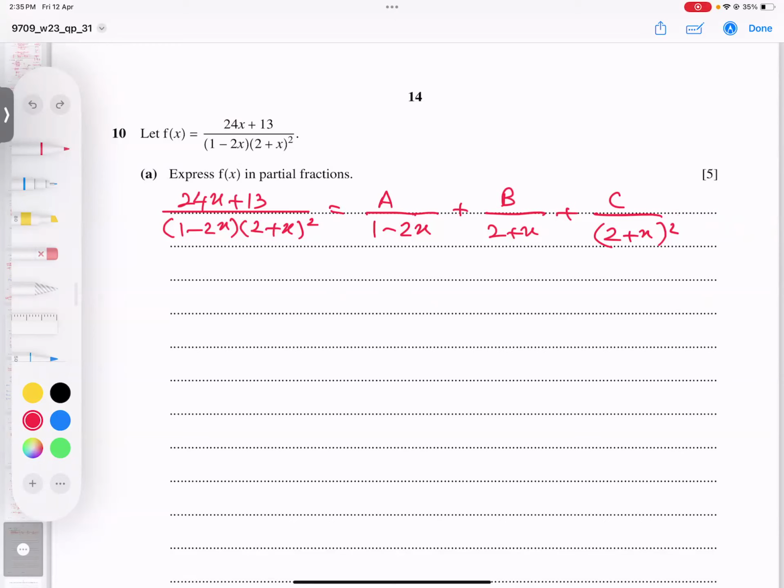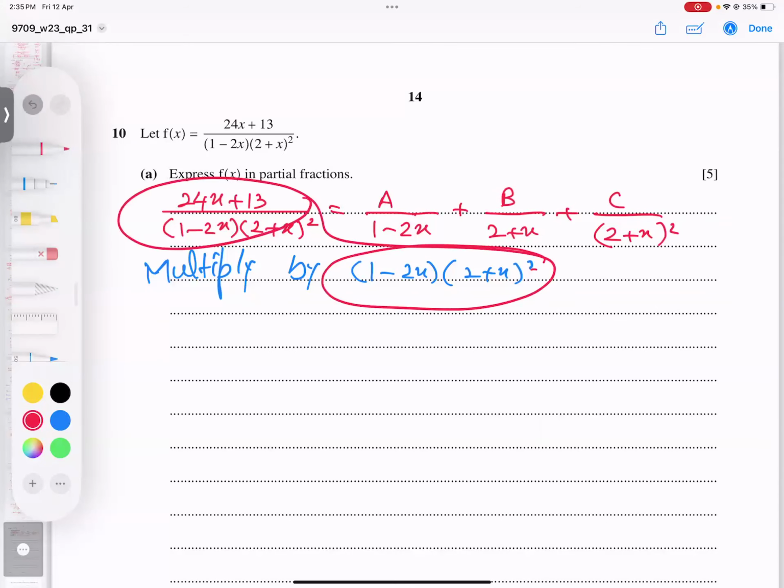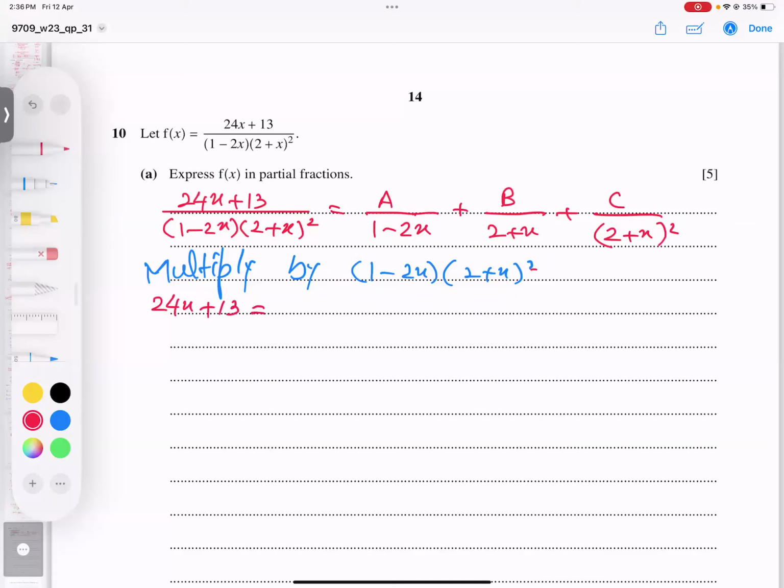Now students, multiply both sides by the left-hand side denominator. When I multiply this with the whole thing, this will cancel fully, and I'll get 24x plus 30.